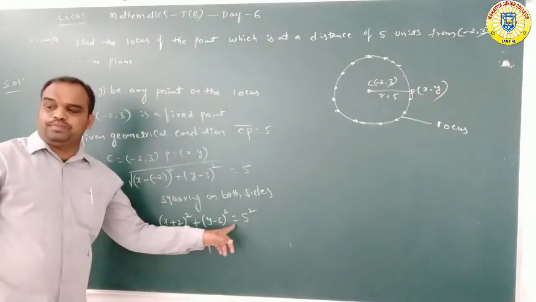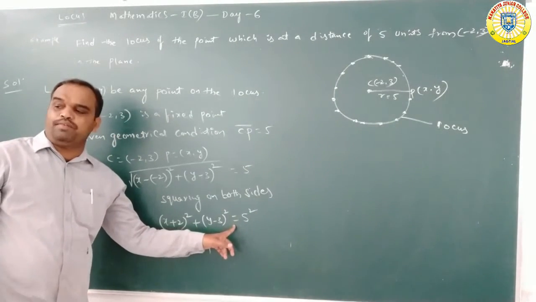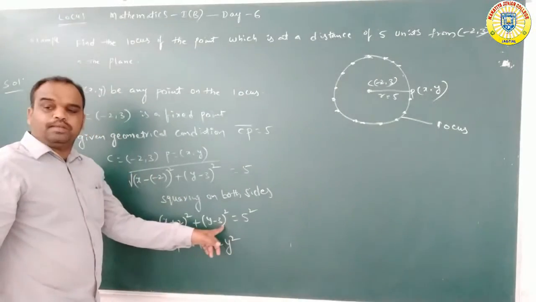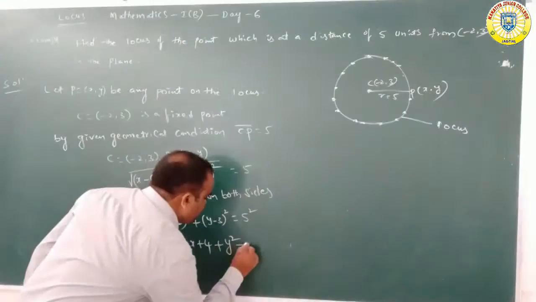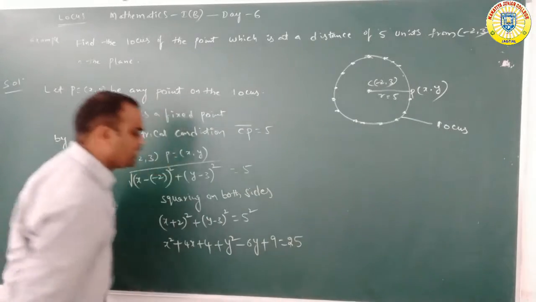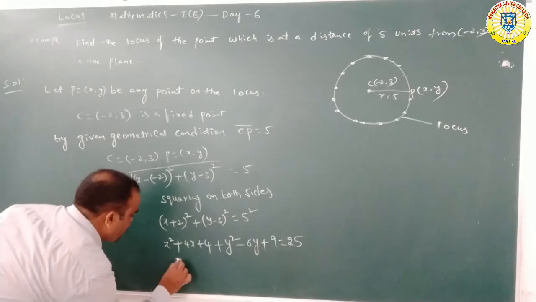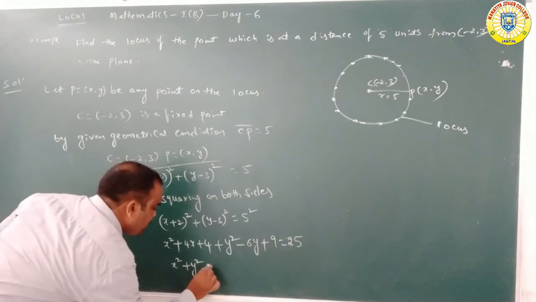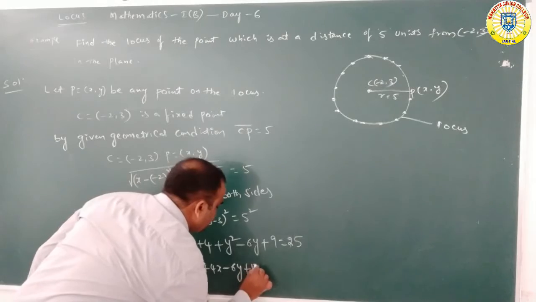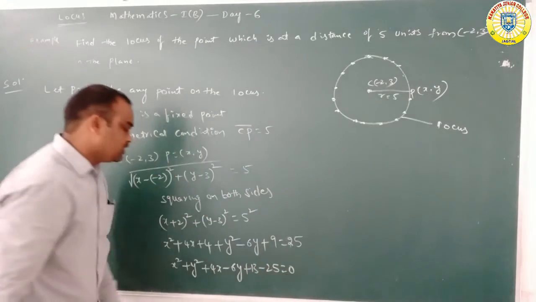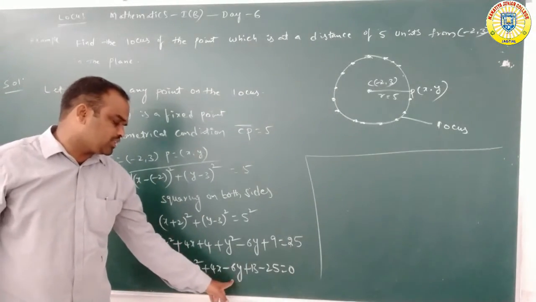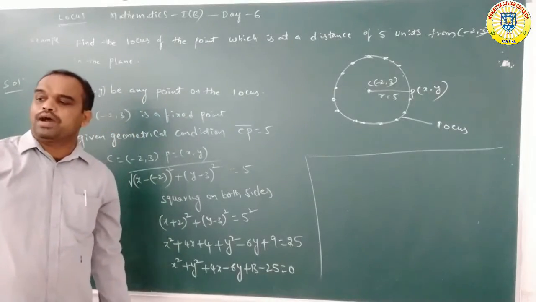Also (a minus b) whole square is a square minus 2ab plus b square: y square, minus 2y into 3, minus 6y, plus 3 square, which is 9. 5 square is 25. So x square plus y square plus 4x minus 6y, 4 plus 9 is 13, minus 25 equals 0, giving 13 minus 25 is minus 12.